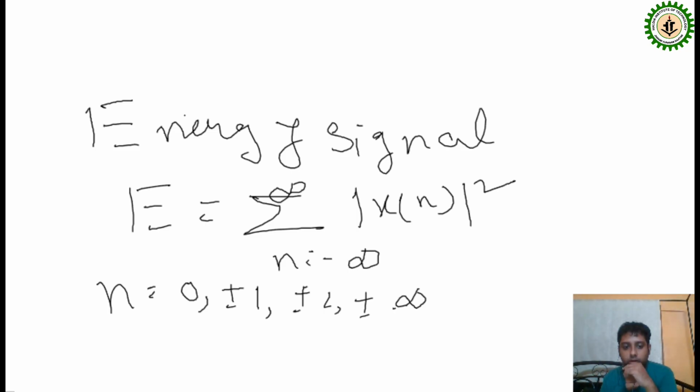Now I will write the expression for average power of a signal in discrete domain.